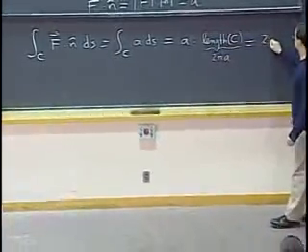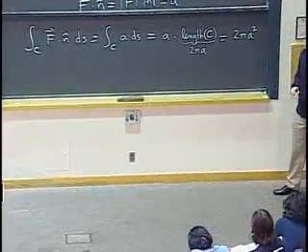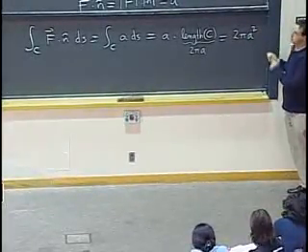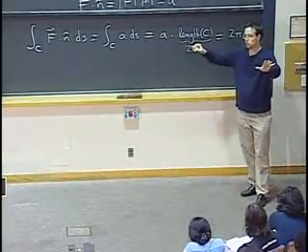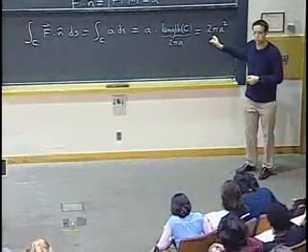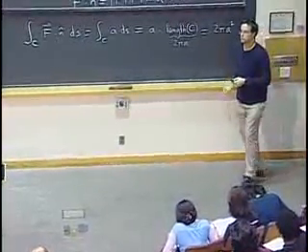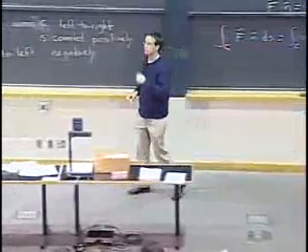So I will get 2 pi a squared. Okay? And that is positive, as we expected, because stuff is flowing out of a circle. Okay, any questions about that? No?